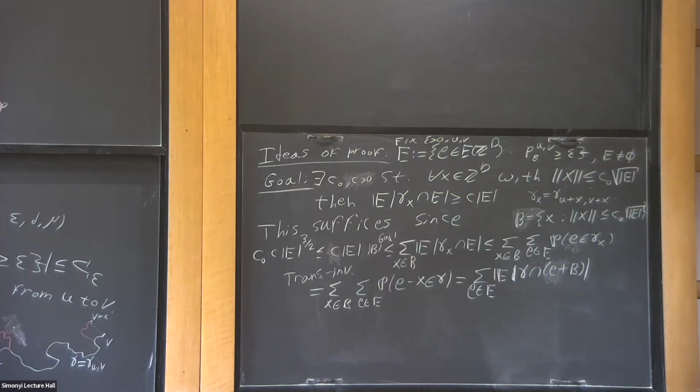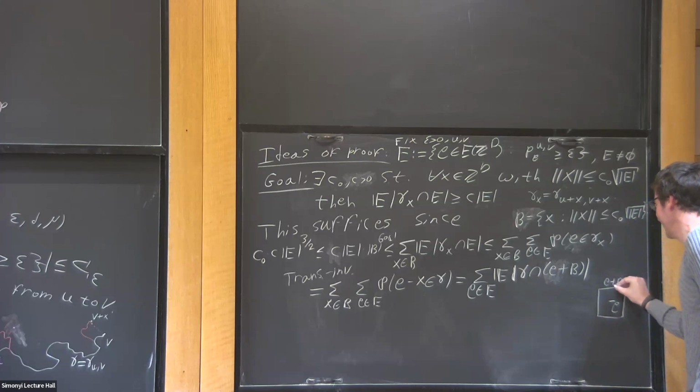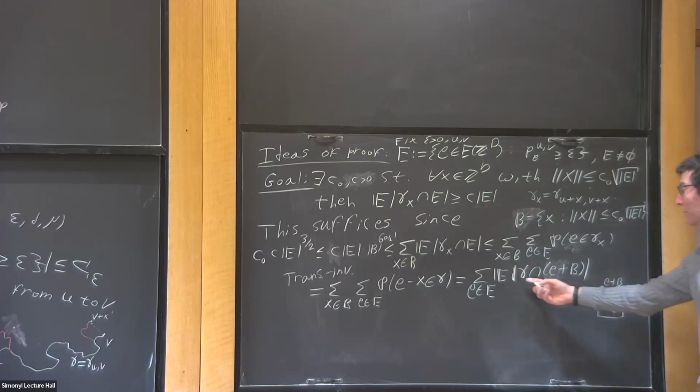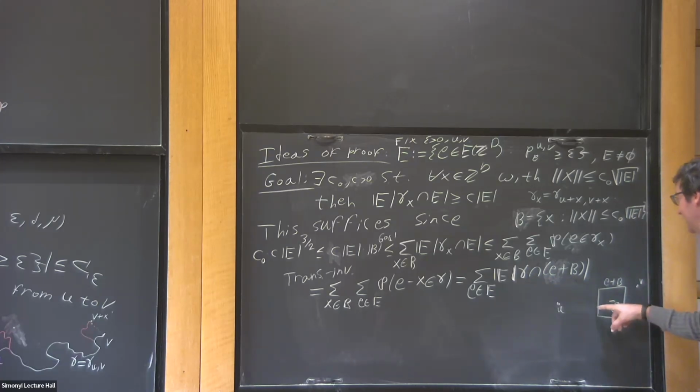So I have an edge e, and I have a small ball around it, e plus B. And I'm asking, what is the intersection of my geodesic with the edges in the ball? My geodesic is going from U to V. How many edges in this ball could it use? What's the maximal number of edges in a ball that my geodesic could use?